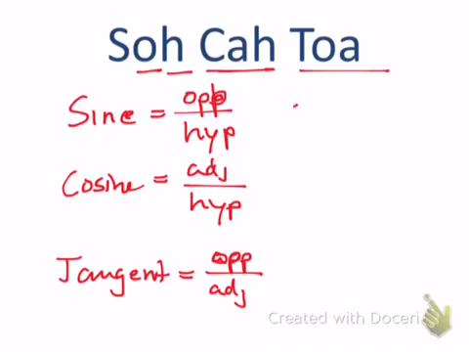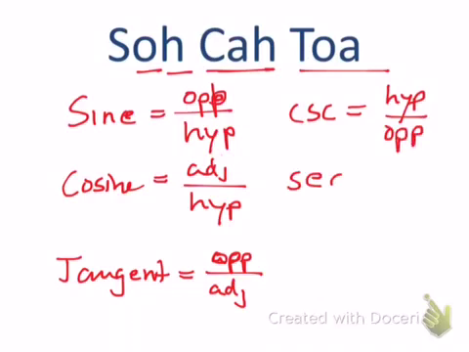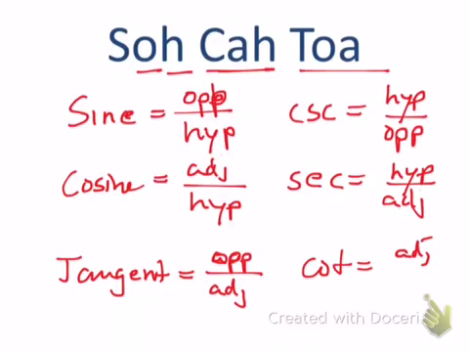And then the cosecant is the reciprocal of the sine, so that would be hypotenuse over opposite. Not sure why some of you stopped writing. Secant is equal to the hypotenuse over the adjacent, and the cotangent is equal to the adjacent over the opposite.